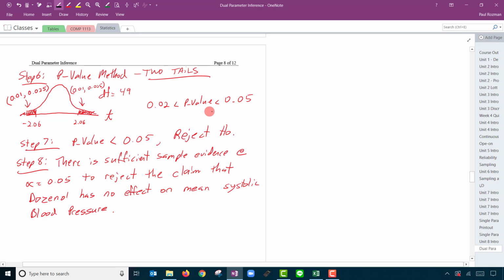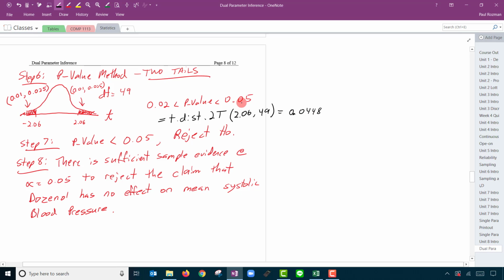If you're worried about our p-value, we could calculate that using Excel, T.DIST.2T, and then you plug in 2.06 and the degrees of freedom, and it'll give you the exact value, which in this case, I believe it turns out to be 0.04. 0.0448 actually.